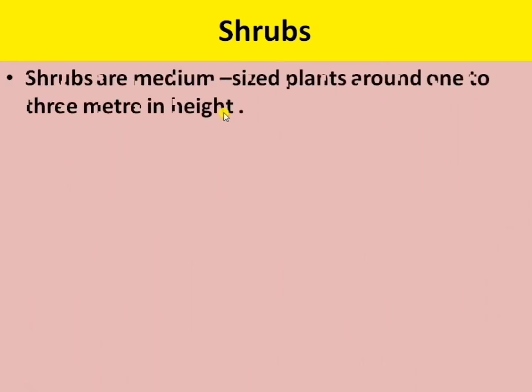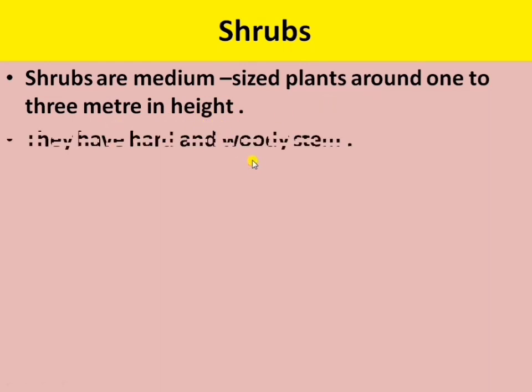Moving on, our second topic is shrubs. What are shrubs? Shrubs are medium-sized plants, around 1 to 3 meters in height. They have hard and woody stems.